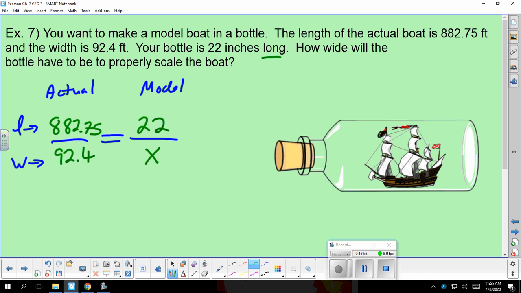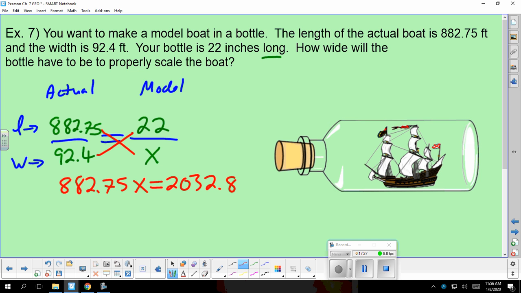So now from here, we're going to cross multiply. 882.75x equals 22 times 92.4. Remember, we can use a calculator on everything. 2032.8.